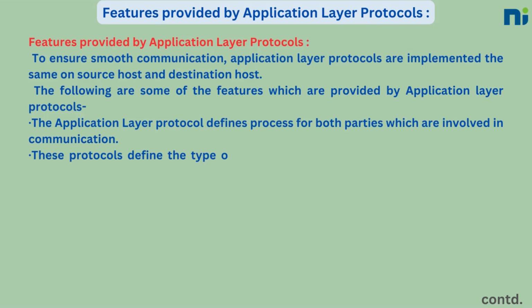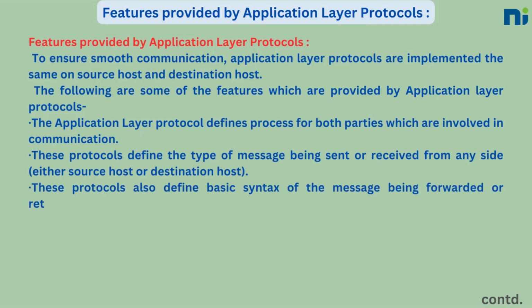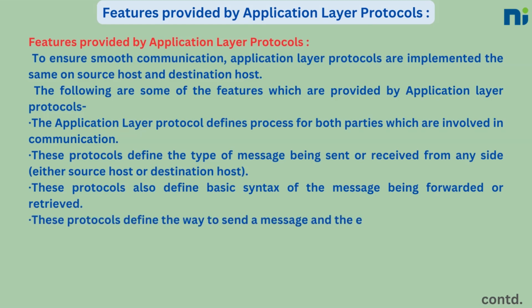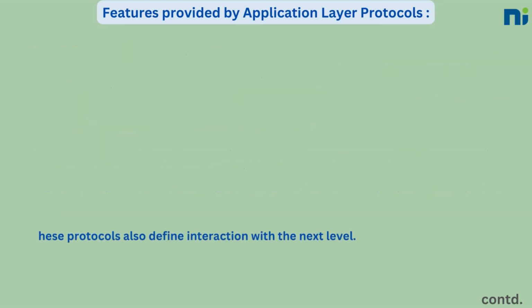These protocols define the type of message being sent or received from any side, either source host or destination host. These protocols also define the basic syntax of the message being forwarded or retrieved. These protocols define the way to send a message and the expected response. These protocols also define interaction with the next level.